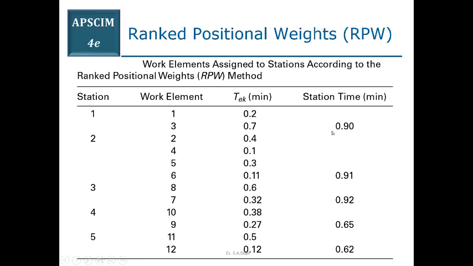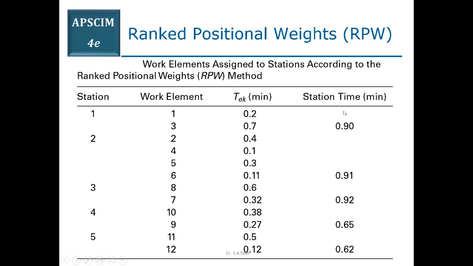So somehow it has given you some uniform distribution of the workloads for the first 3 stations, and for the second last and last also there is an even distribution, 65% and 62%.